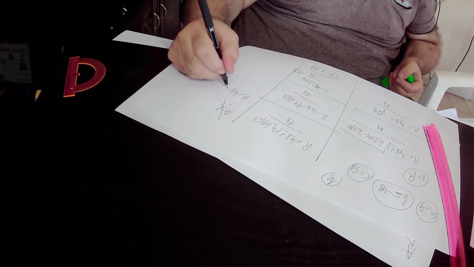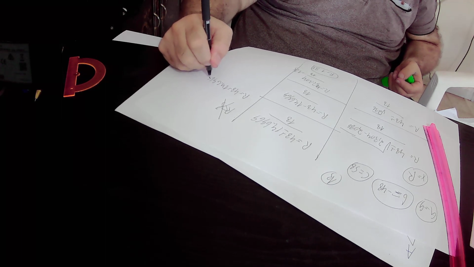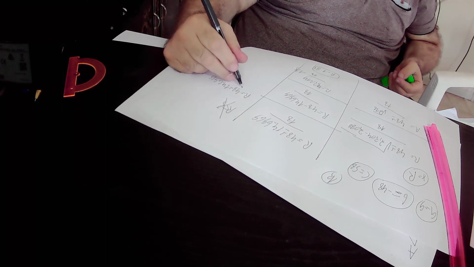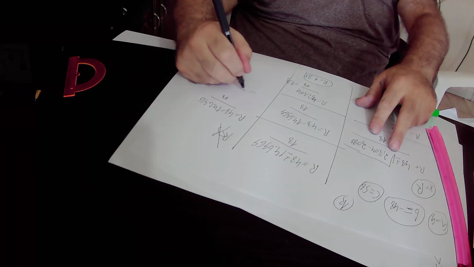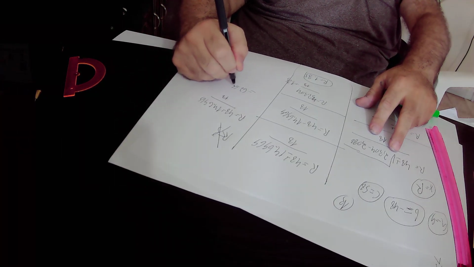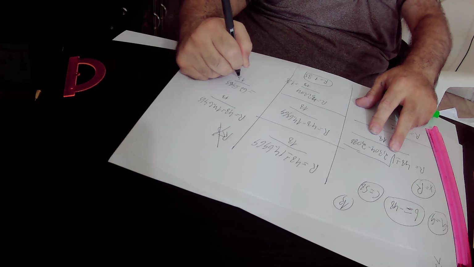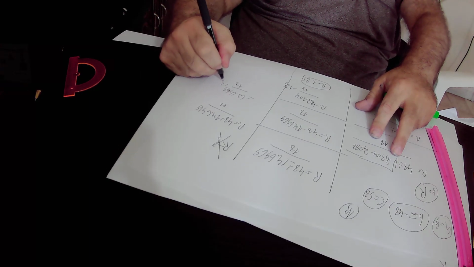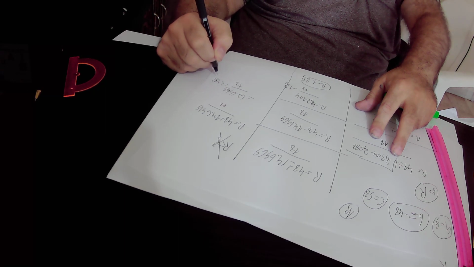plus 14.6969 over 18. That is actually equal to 62.6969 over 18. That is equal to 3.483 units.